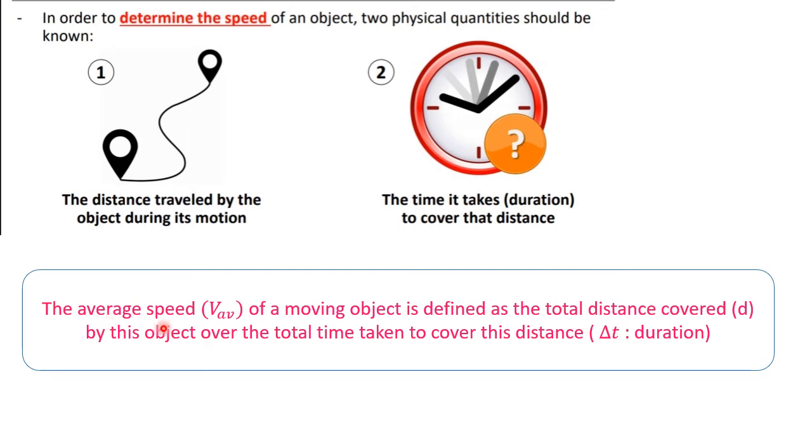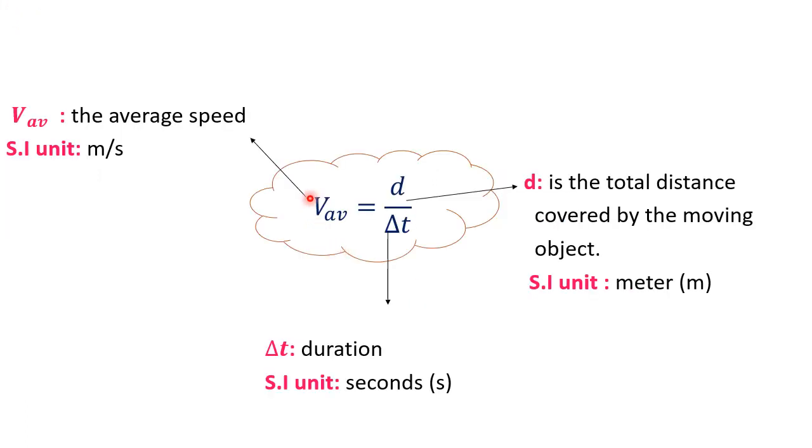So the average speed, denoted by V average (V_av), of a moving object is defined as the total distance covered, denoted by D, over the total time needed to cover this distance, which is the duration delta T. And here is the rule: V average, the average velocity or average speed, is equal to D over delta T.